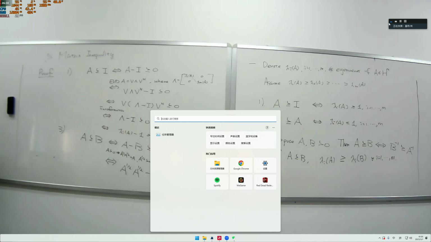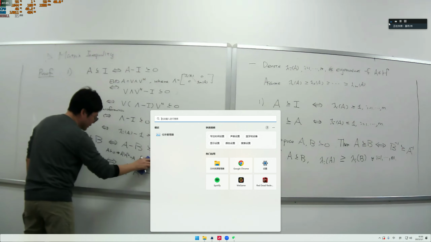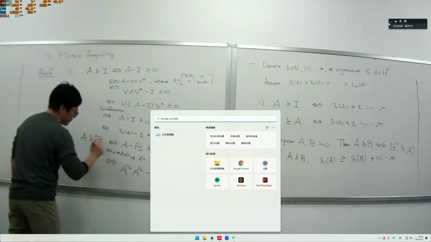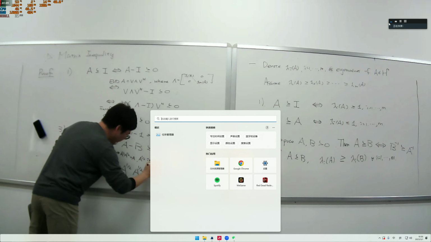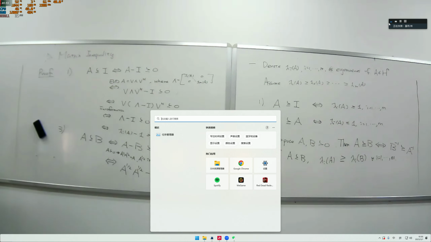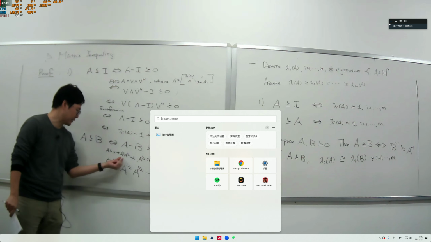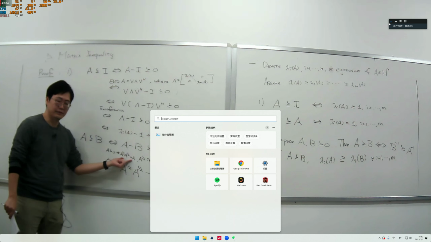Sorry, not necessarily PD, but it's invertible, because the square root may not be Hermitian. But it must be invertible, because its determinant is equal to the determinant of A, and A is PD.